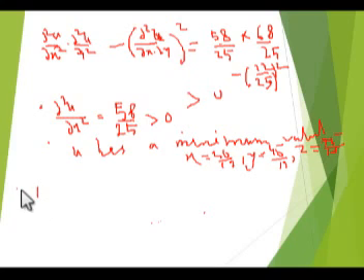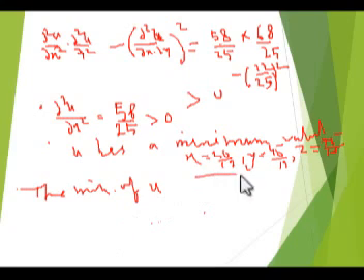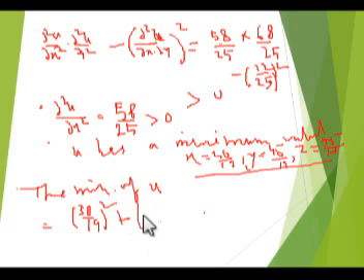So the minimum of u at this point will be x square plus y square plus z square. This is 30 by 19 whole square, plus 45 by 19 whole square, plus 75 by 19 whole square.